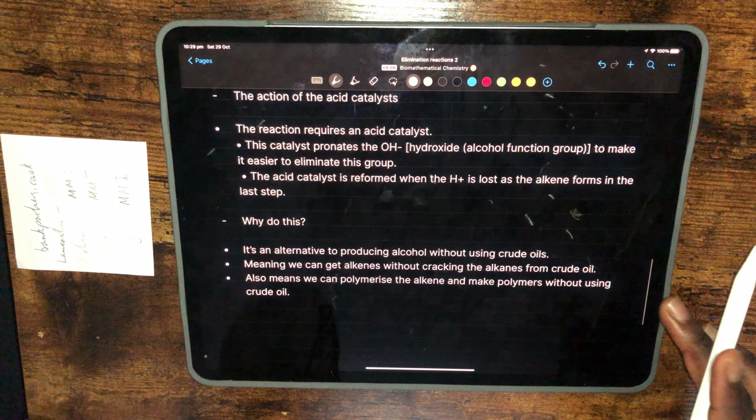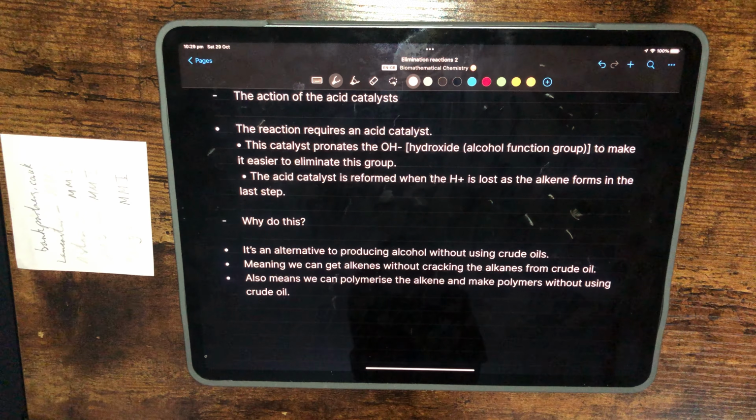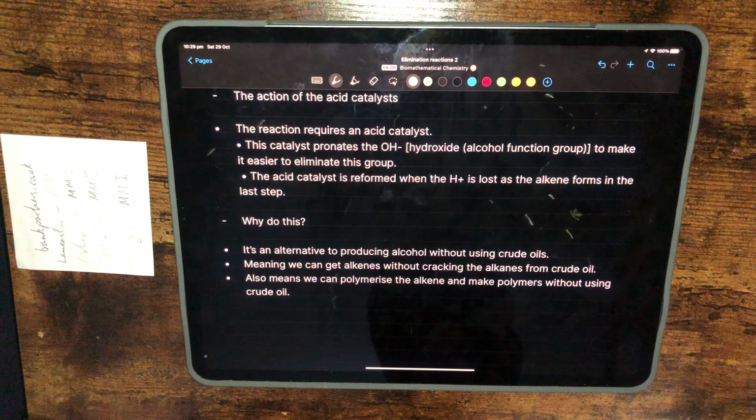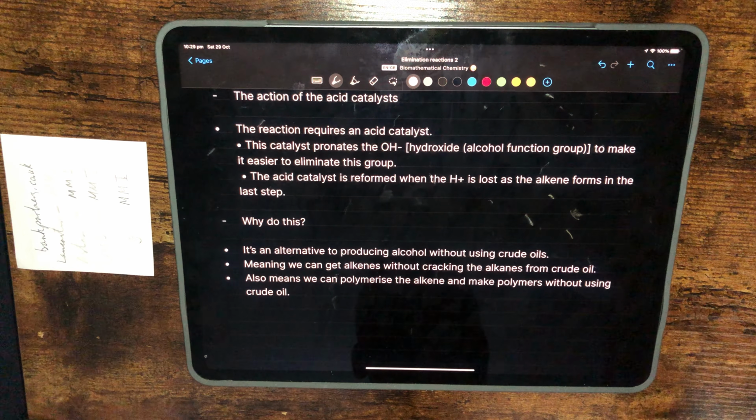So why do we do this? Because we're good at producing alcohols without using crude oil. This is another alternative, meaning we can get alkenes without cracking the alkanes from crude oil, and we can also polymerize these alkenes and make polymers without using crude oil.